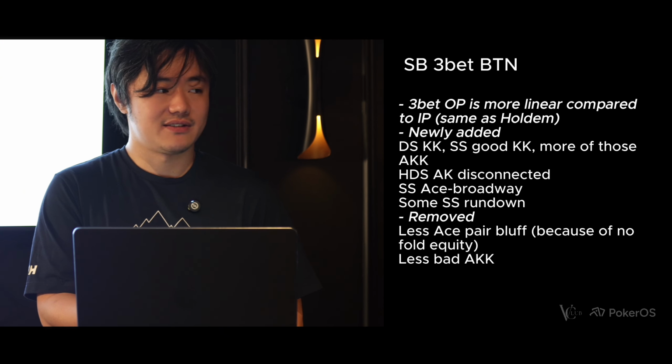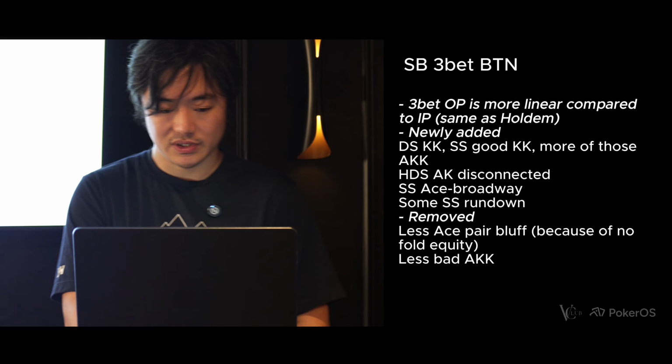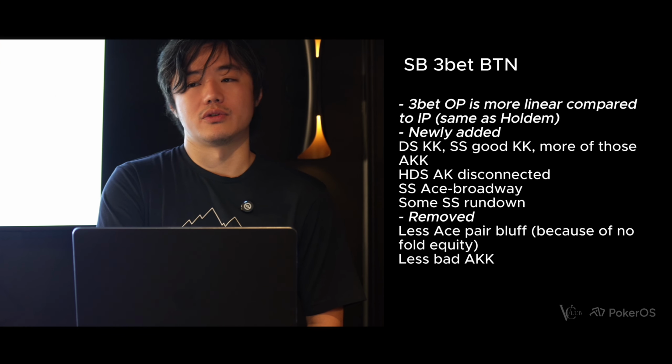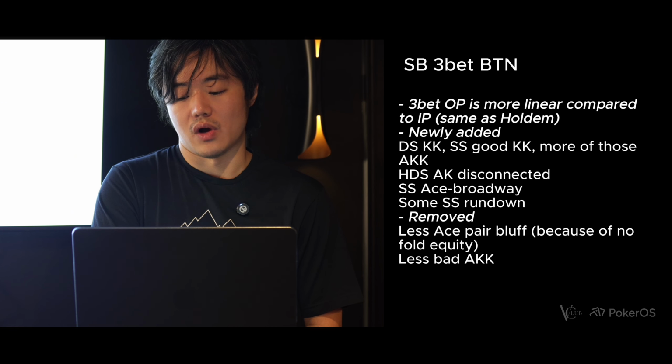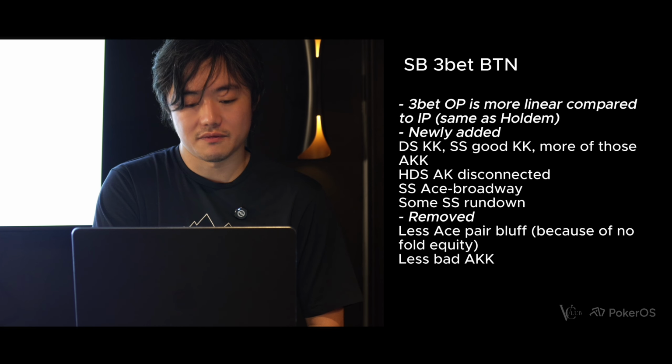High double suited means suited to the ace, suited to the king, double suited. It's two high suits. The reason is the same: we don't want to cold call in small blind out of position, so we want to use those hands to build a pot and have the aggression ourselves.